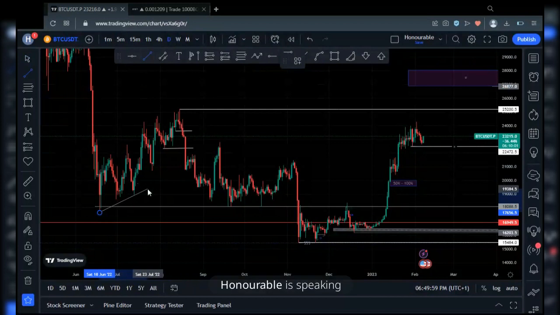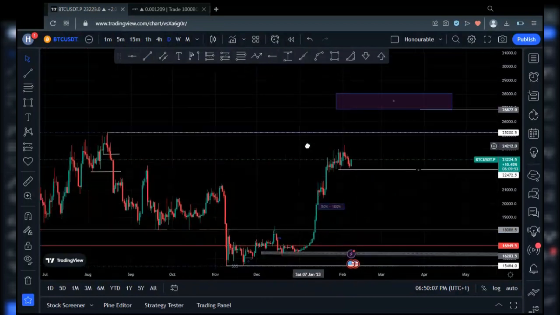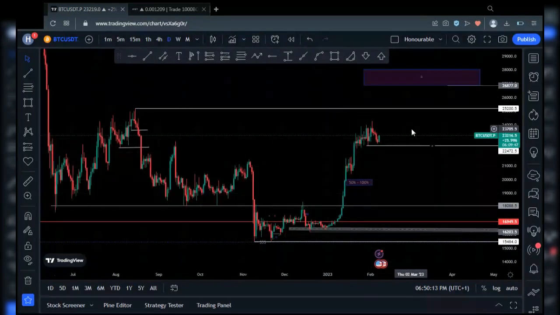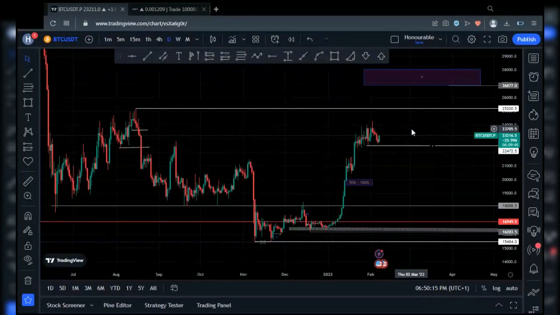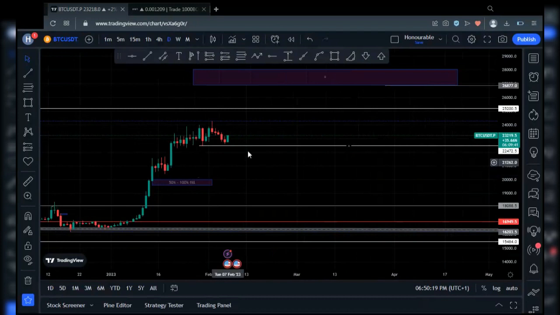Now, take a look. I think I have something else recent I could even use. So let's go to the current price action on Bitcoin right now. For instance, let's take this.